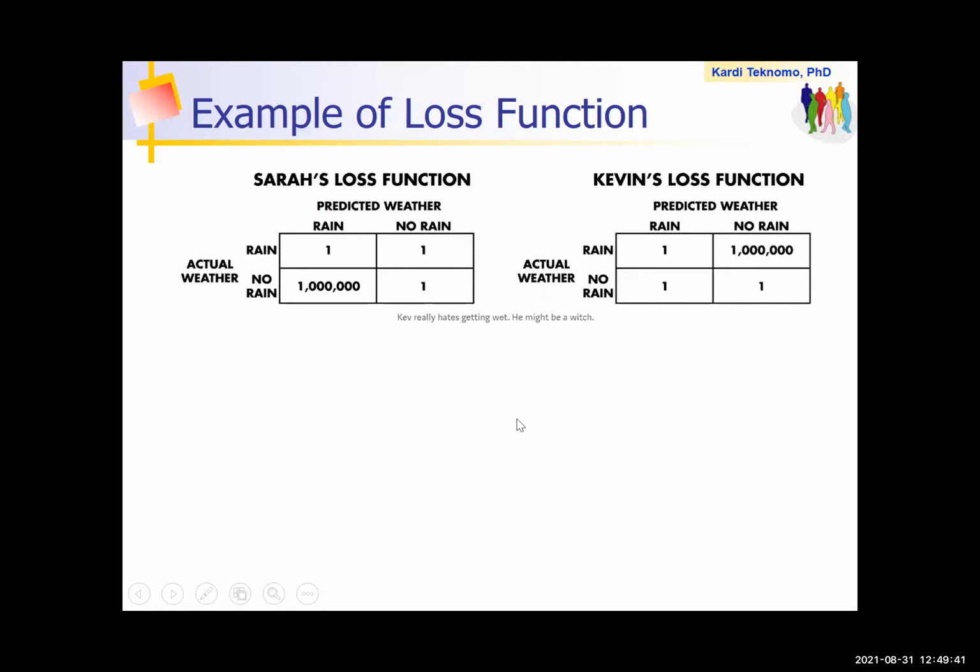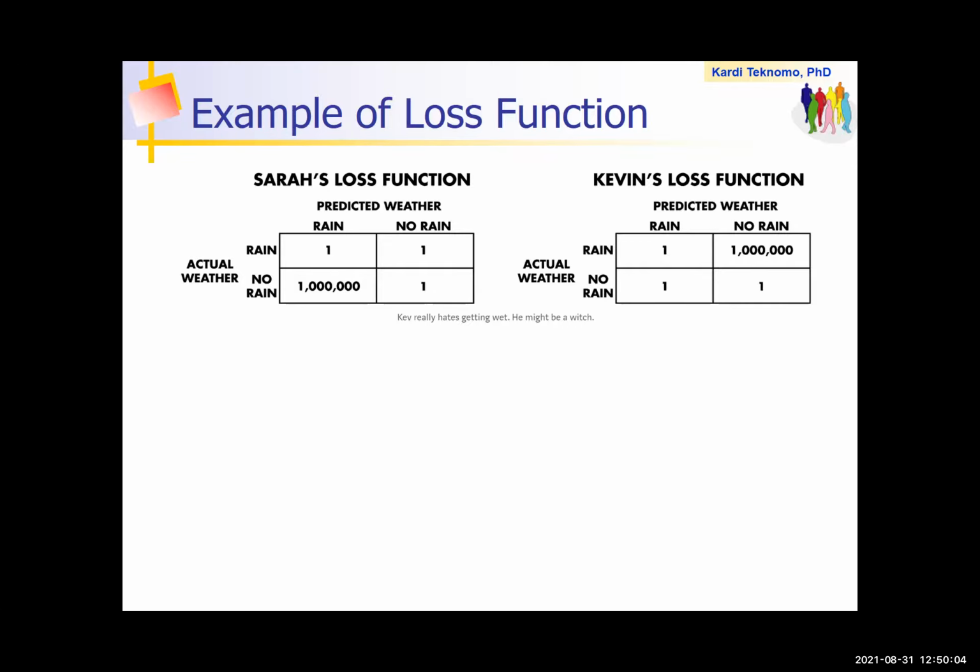So this is an example of a loss function. You see here, we have the actual on the left side and the predicted on the column, and then you fill up the values there.